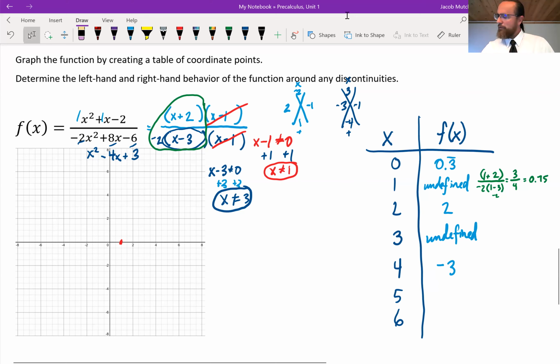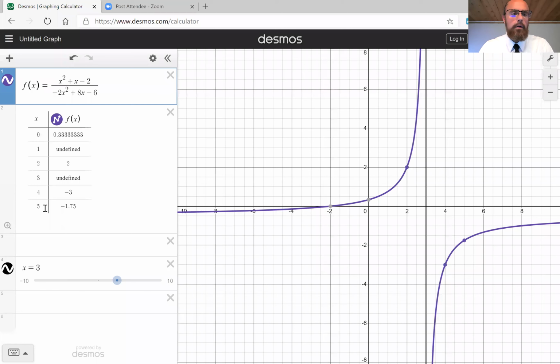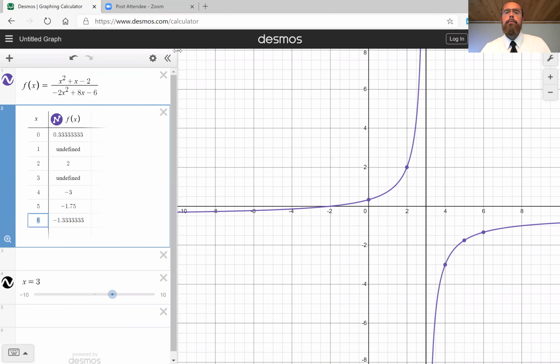So 5's negative 1.75. And I'll just quickly take a look. In fact, we'll go there just to say, what do you do if you don't have enough x values, y values? You go there and click enter. Good, so negative 1.3 repeating. Easy to do.